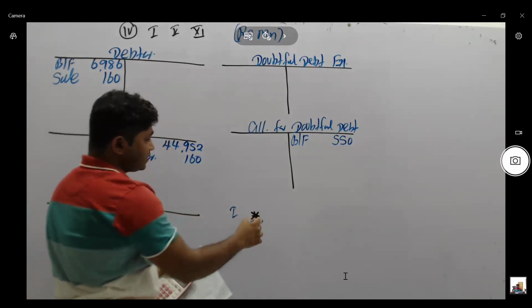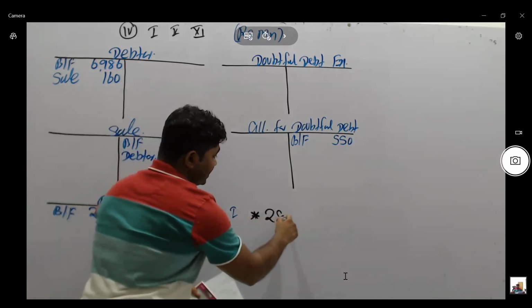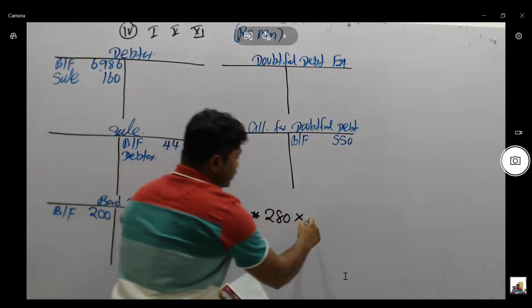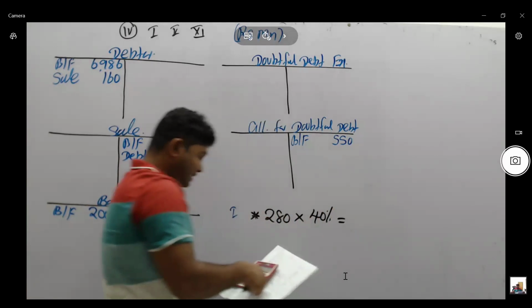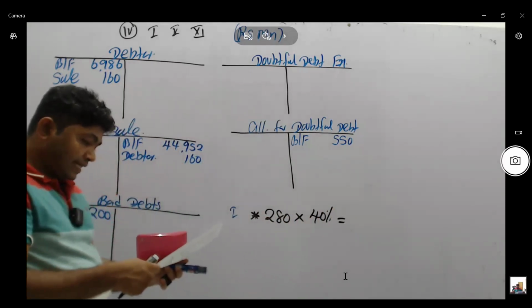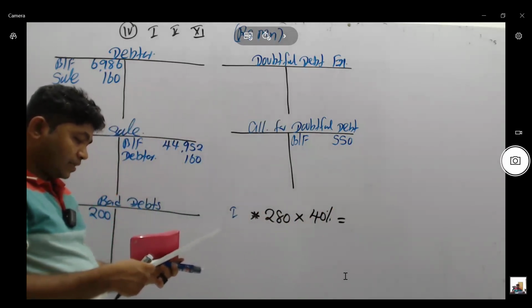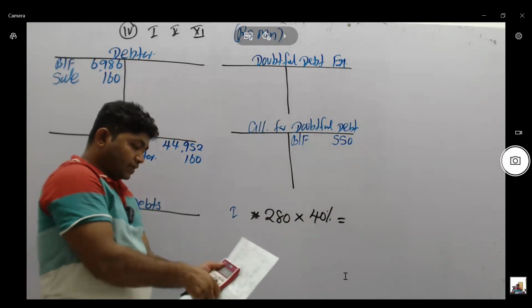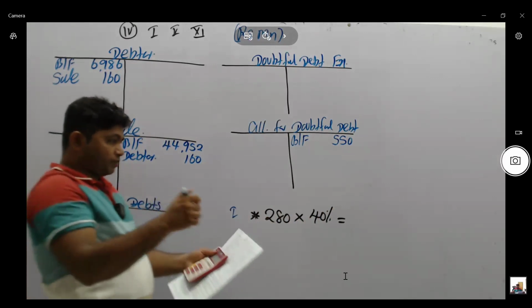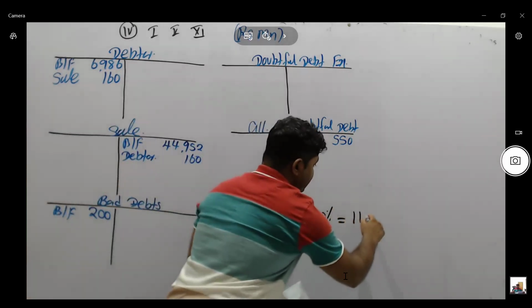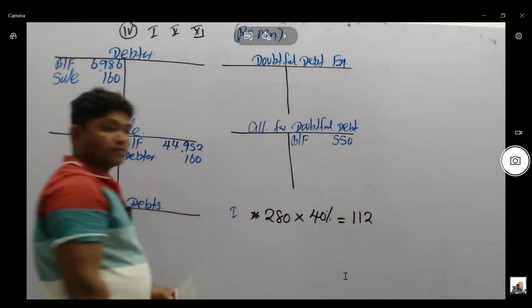Think of the first part: selling price is given 280. Based on that value, 40% not sold, but it has been recorded already as a credit sales. Therefore, based on selling price, 40% should be removed from debtors and sales. This is the first part.